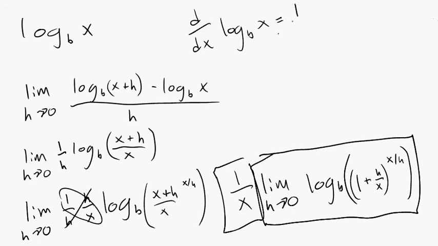So there are a few similarities we're seeing. 1 over x, and the limit as h approaches 0 of 1 plus h over x to the x over h is actually e. So you can write that as the derivative of log base b of x equals 1 over x times log base b of e.